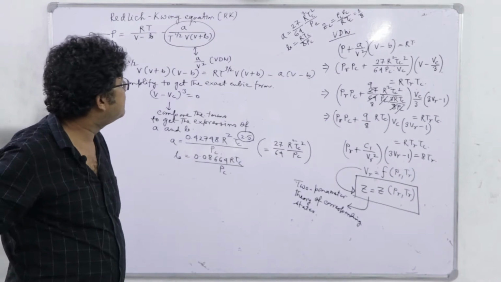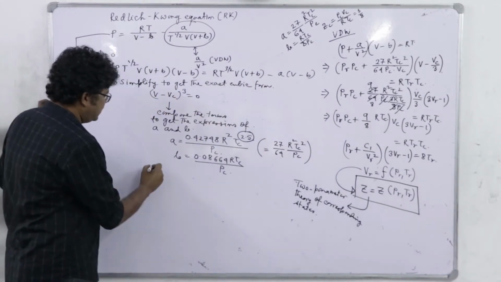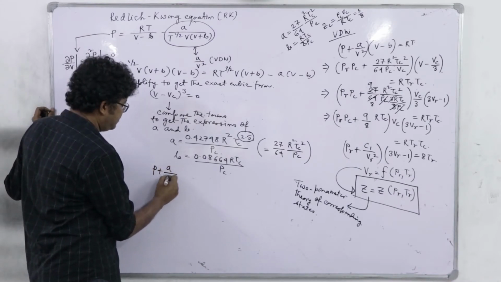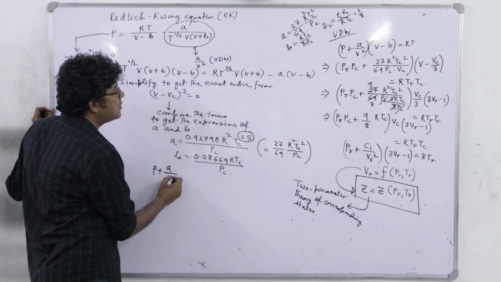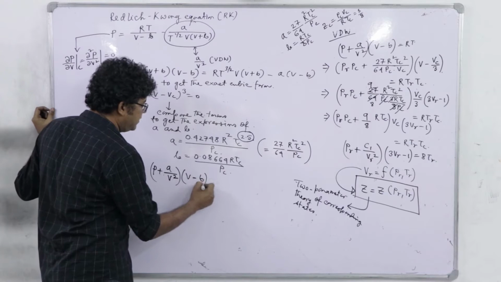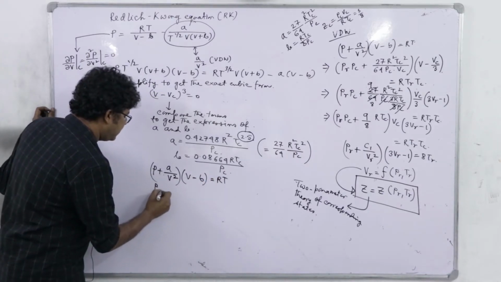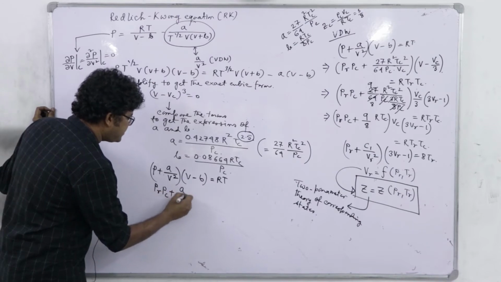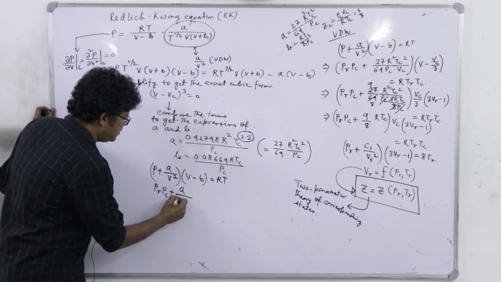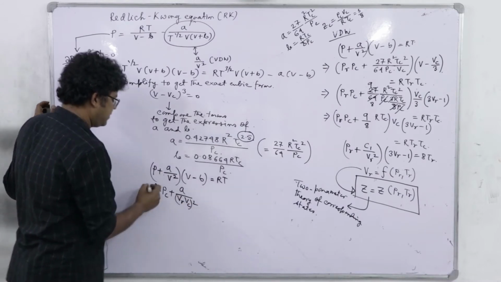So, I think this can be done in a different way. Let us check it out once again. P plus A divided by V square, right, into V minus B equal to RT. So, this is PR into PC plus A, let us keep A as it is, and this is VR into VC whole square.